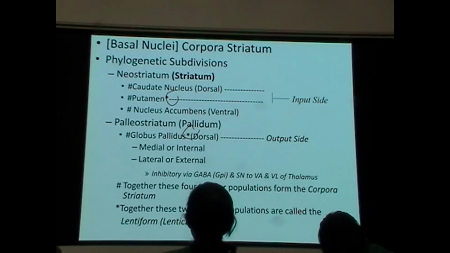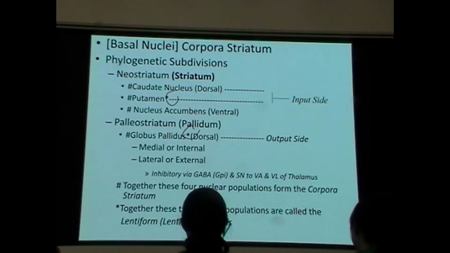We know now it's more of an insular area or functional cortical area as opposed to a basal nuclear area. Okay, so the four nuclei together are the corpus striatum, but together the putamen and the globus pallidus, they are referred to many times as a lenticular or lentiform nuclei.